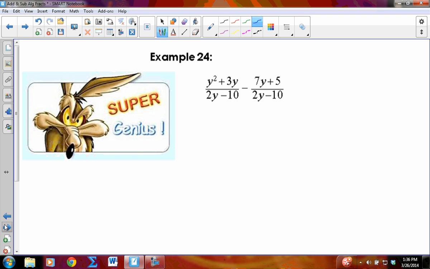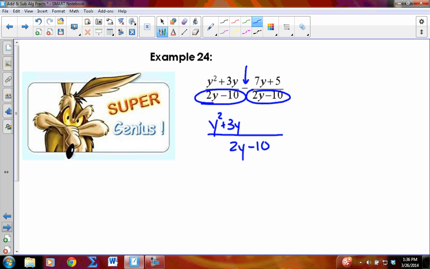Only cancel factors, remember. Okay, now this one, subtraction. We have to be really careful with that minus sign. Notice that my denominators are the same, so I can just go ahead and combine away. I'm going to get my answer with 2y minus 10 because we never add or subtract denominators. I have y squared plus 3y, and I'm going to say minus the whole thing, 7y plus 5.